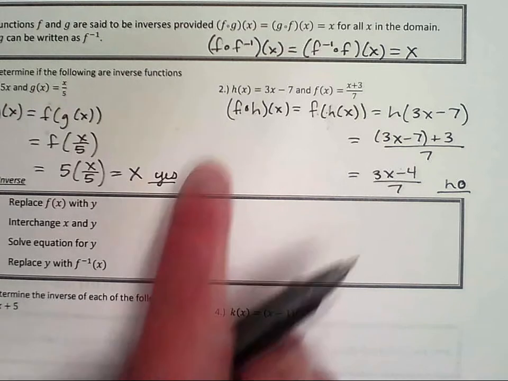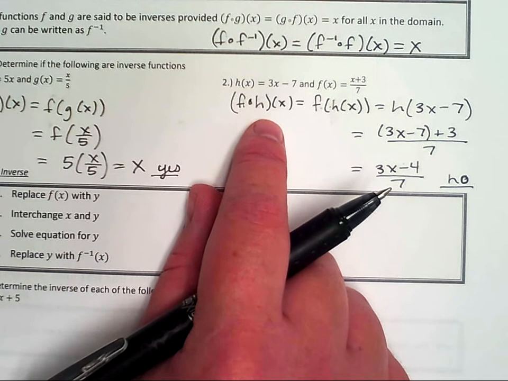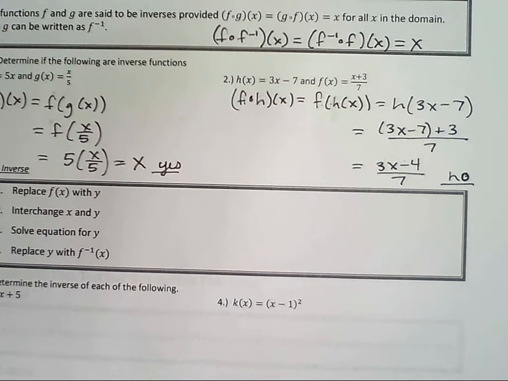Maybe you did h of f of x, and you got something different. Whatever you got, it was not x, so they're not inverses. Is that clear? Are we good?